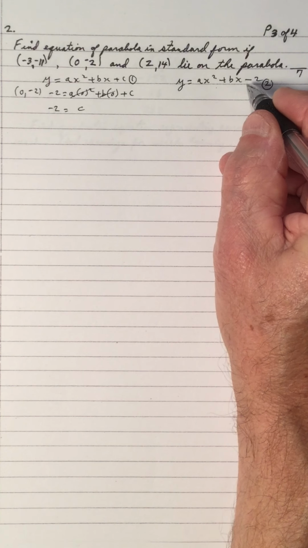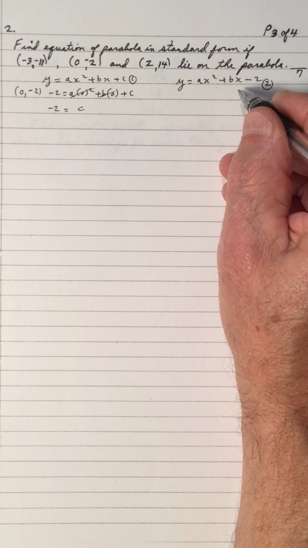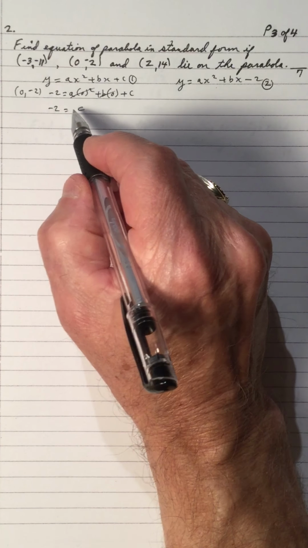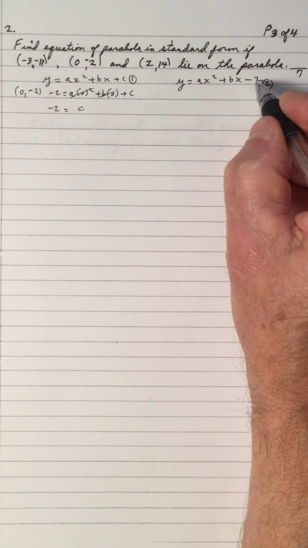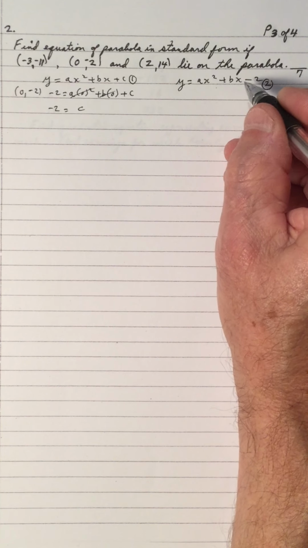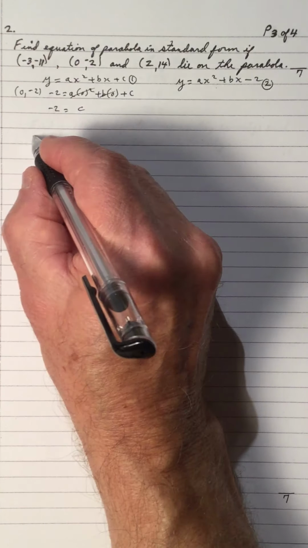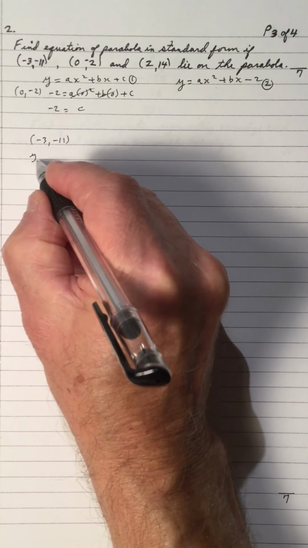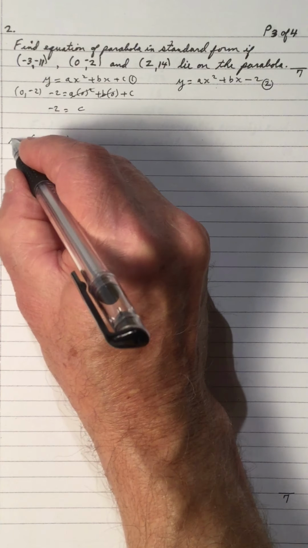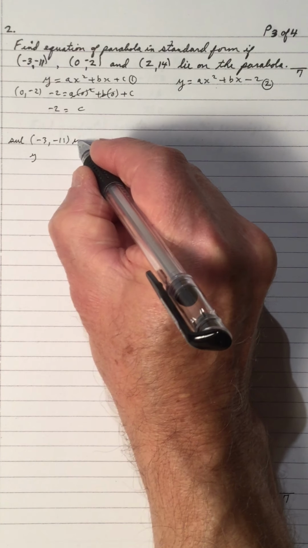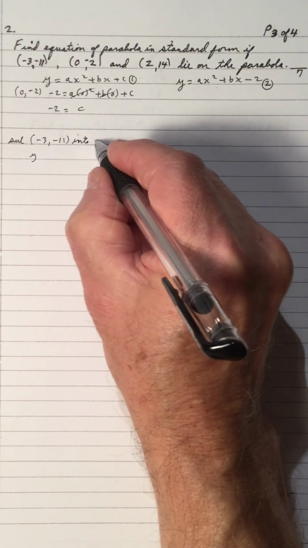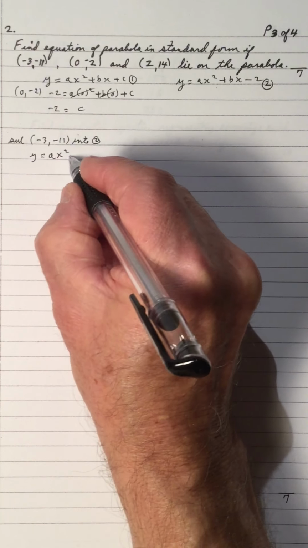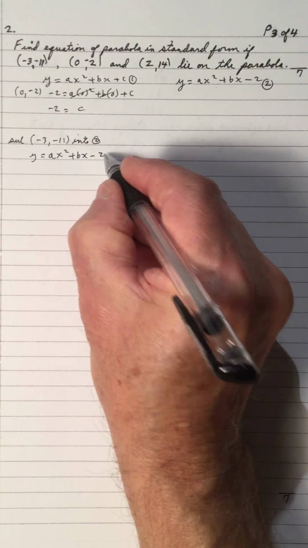Like the first question, we had 3 variables with 3 equations. But when you use this point, you get the c value, and now you only have 2 variables to deal with, so it's much easier. So let's take the point (-3, -11) and sub into number 2. Number 2 is ax squared plus bx minus 2.